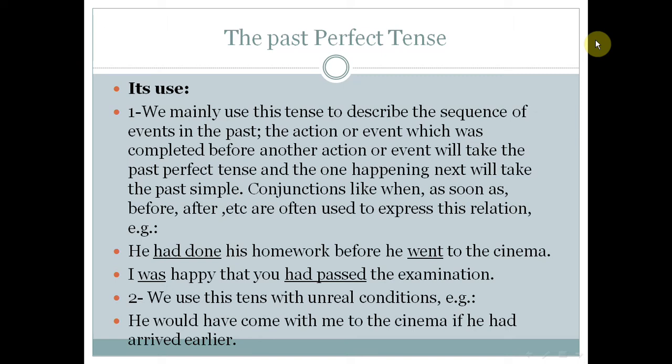He would have come with me to the cinema if he had arrived earlier. So here, had arrived earlier is an unreal condition. It's used because he would have come with me to the cinema if he had arrived earlier.